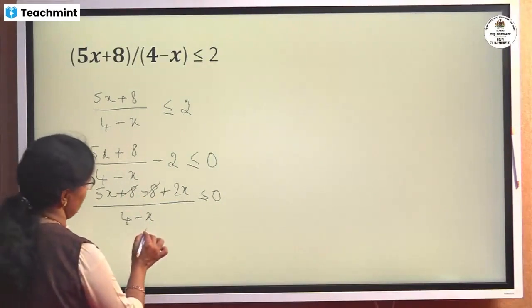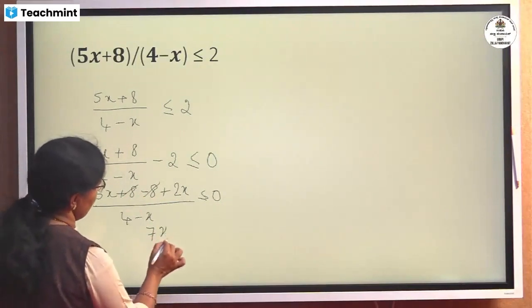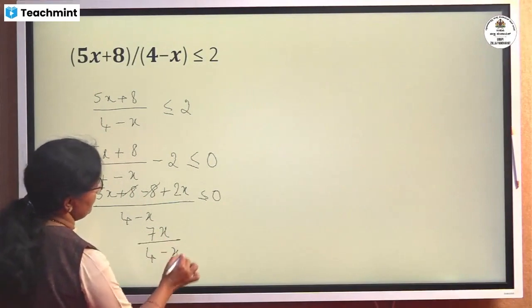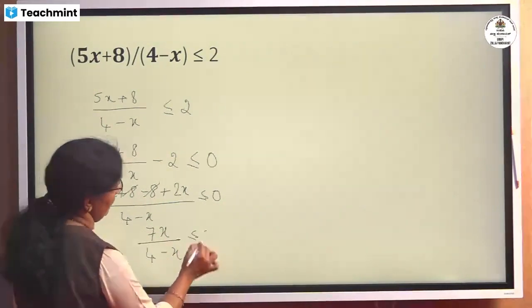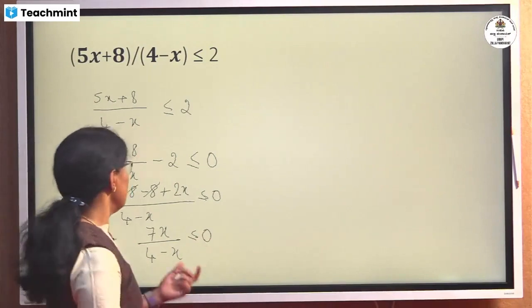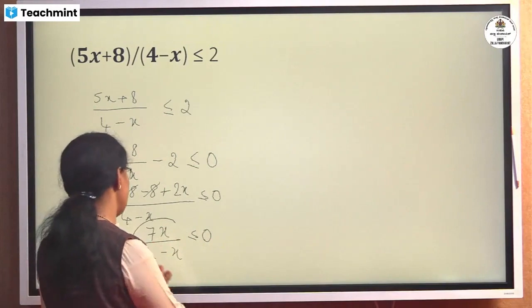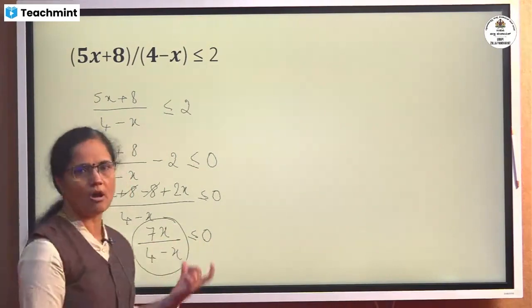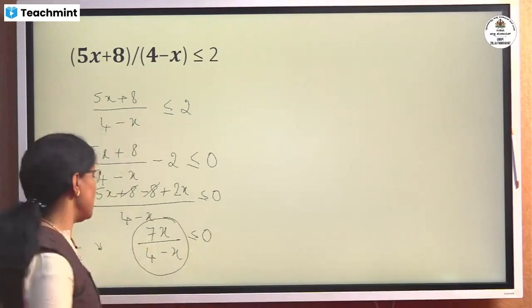Therefore, you will have the inequation 7x/(4 - x) ≤ 0. Here also the whole term is negative. Therefore, the sign depends on the numerator as well as the denominator.